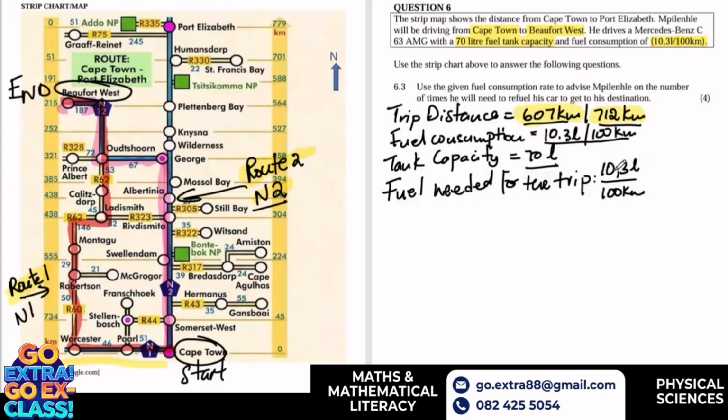Now if we multiply this rate by the kilometers of the trip, which is 607 kilometers, the kilometers cancel each other, and we get the liters, the fuel that will be needed for this trip.